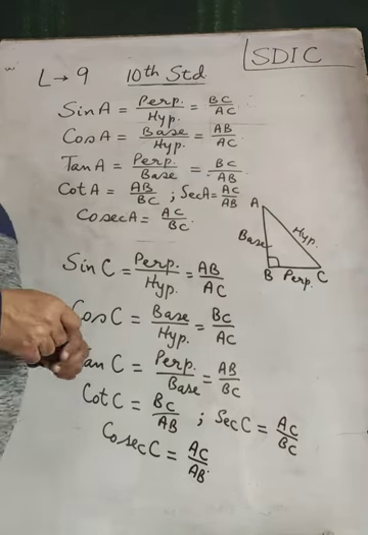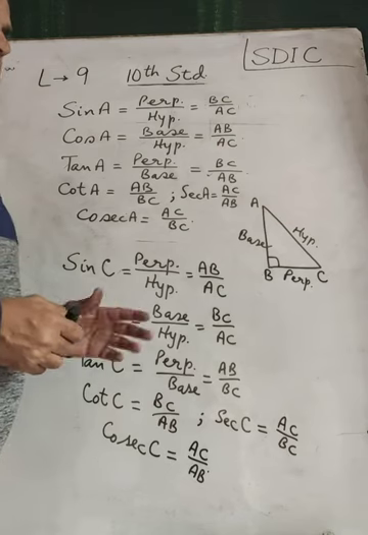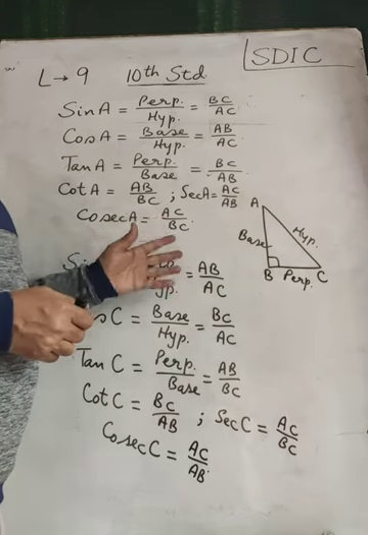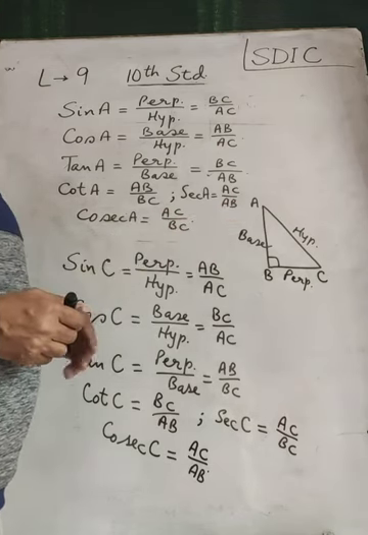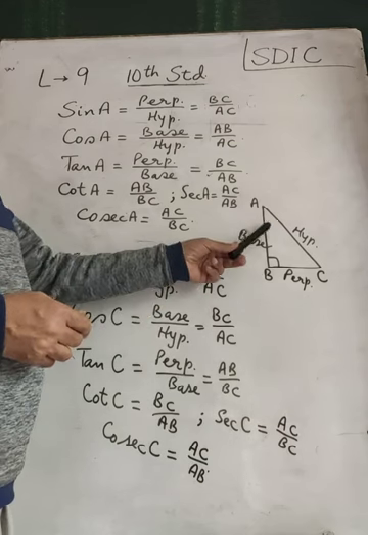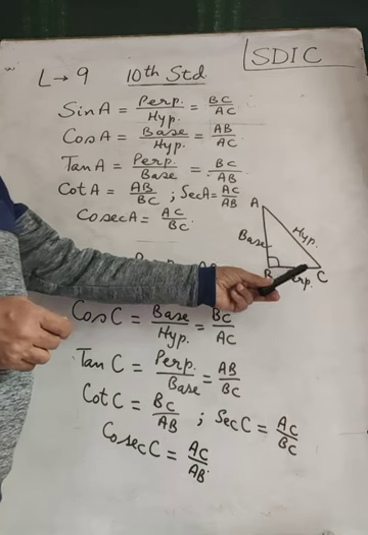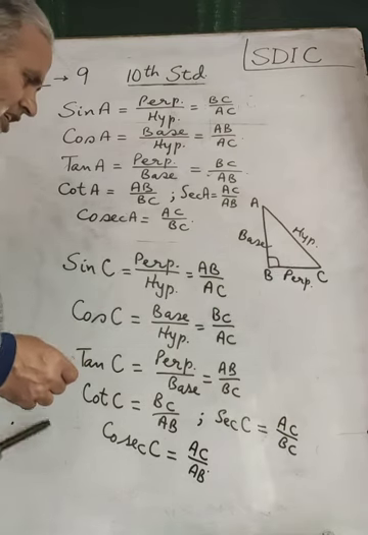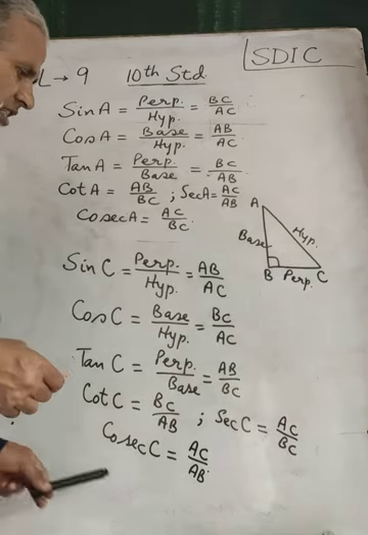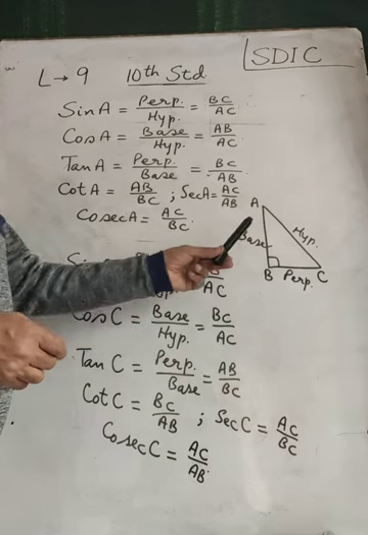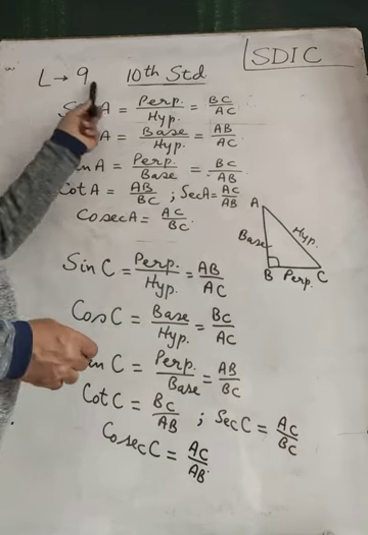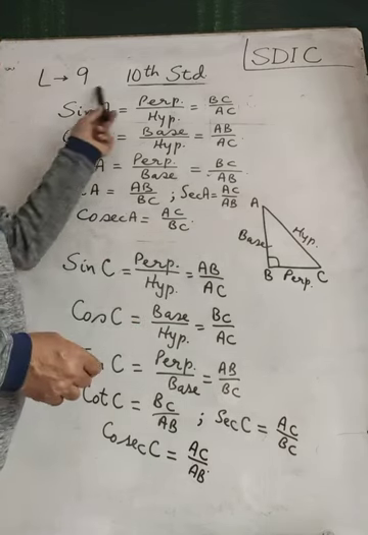In order to find trigonometric ratios of complementary angles, what did we therefore do? We first identified which are the complementary angles in the right triangle. A and C are the complementary angles. We then found trigonometric ratios of angle C separately. These are the trigonometric ratios of angle C. We also found trigonometric ratios of angle A. These are the ones.